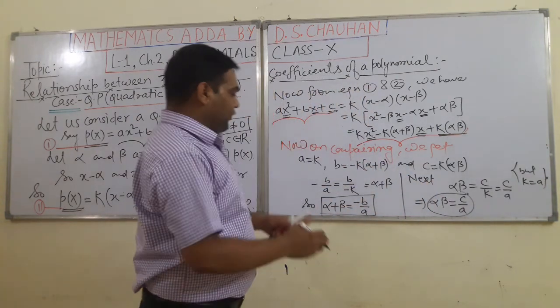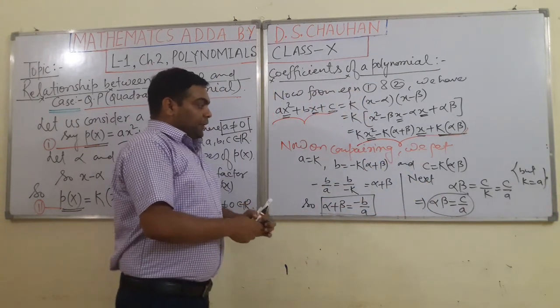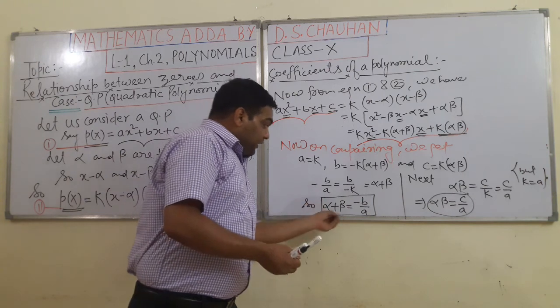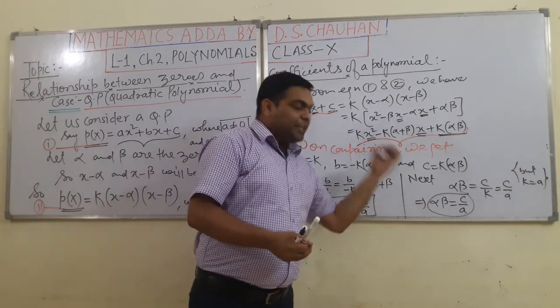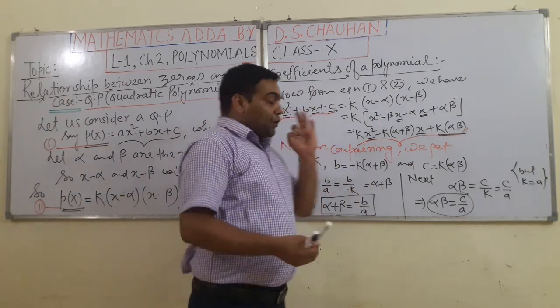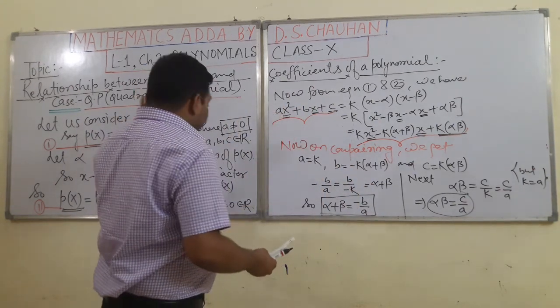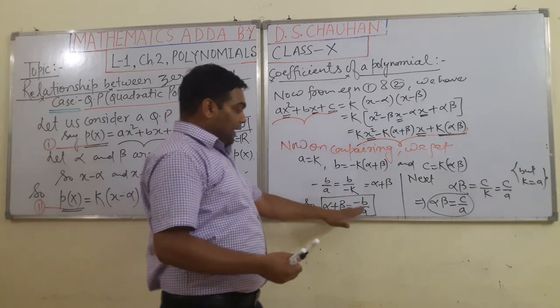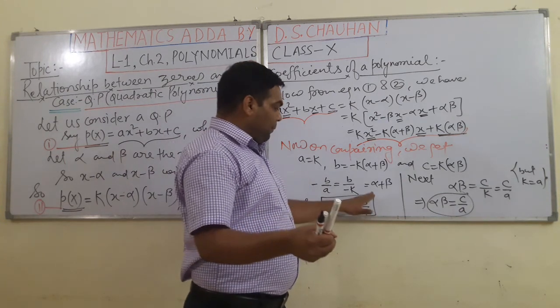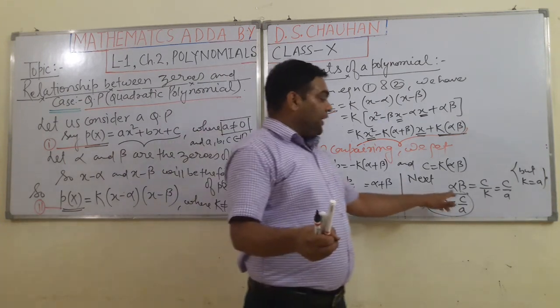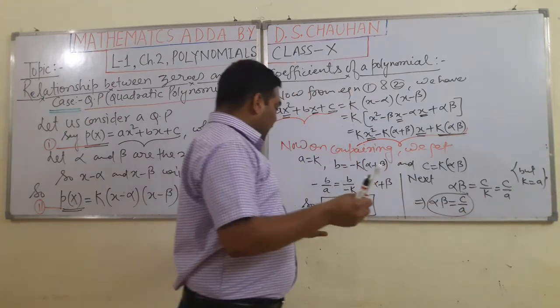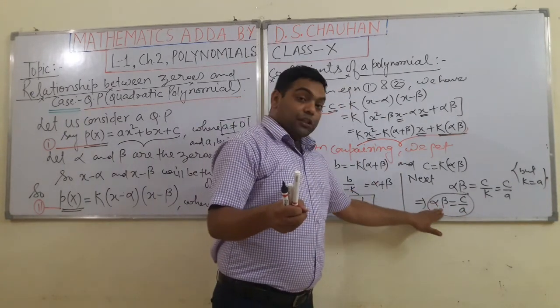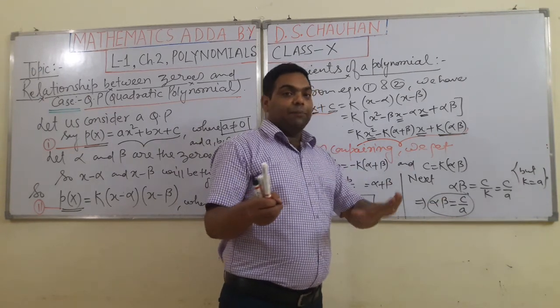Students, here all of you are looking that these are the relations between the zeros and the coefficients of the polynomial, which is quadratic over here. Here a is the coefficient of x square, b is the coefficient of x, c is the constant term that is independent from the variable, and alpha and beta are the zeros of the quadratic polynomial.